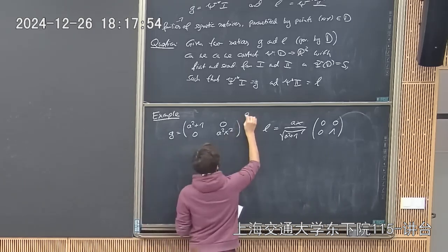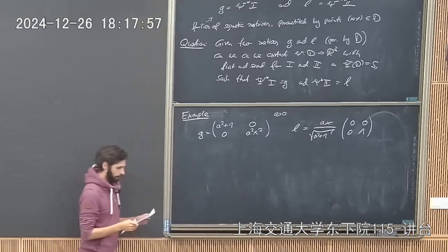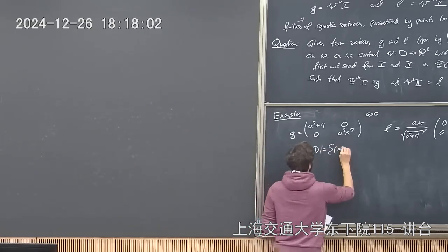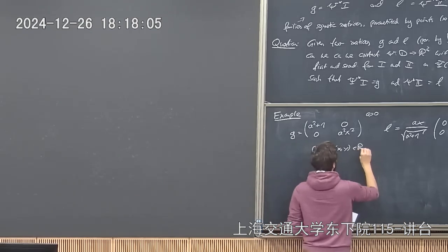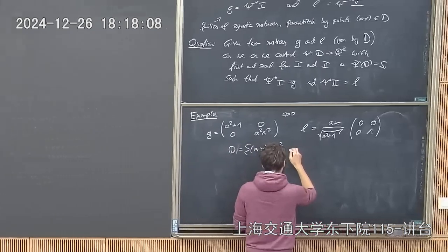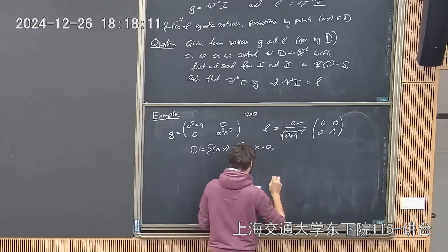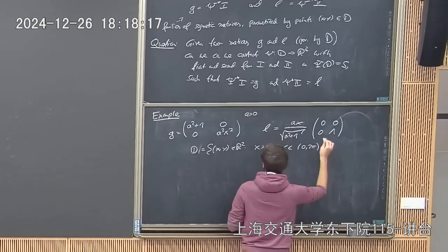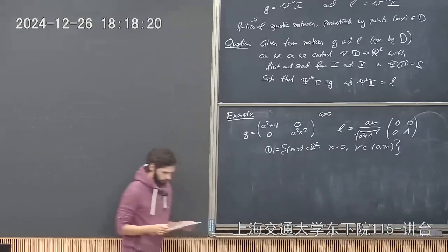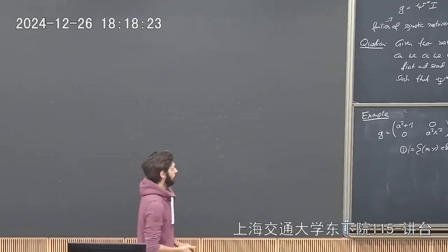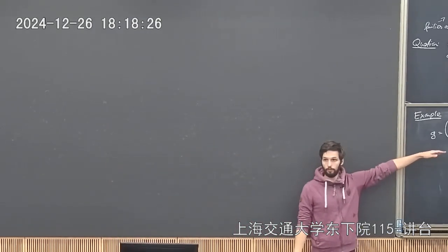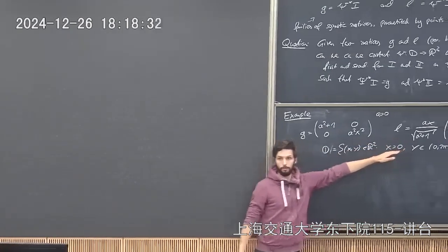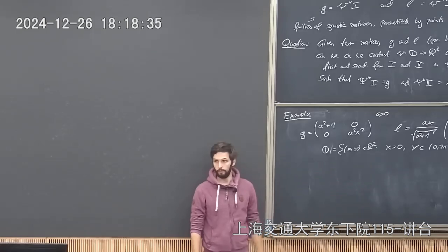Here a is just some fixed number for this example, and D in this case is the set of all points x and y in R2 such that x is positive and y is an element of 0 to 2 pi. And the question is, is it possible to reconstruct a surface that has G and L as the local parameterization of the first and the second fundamental form?